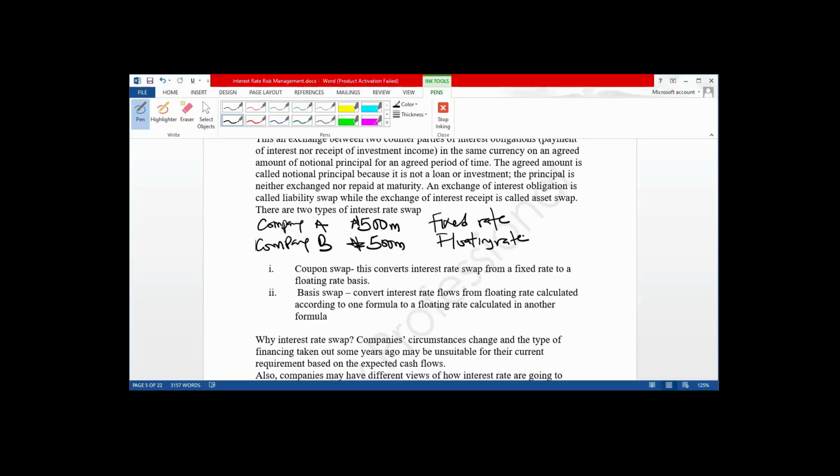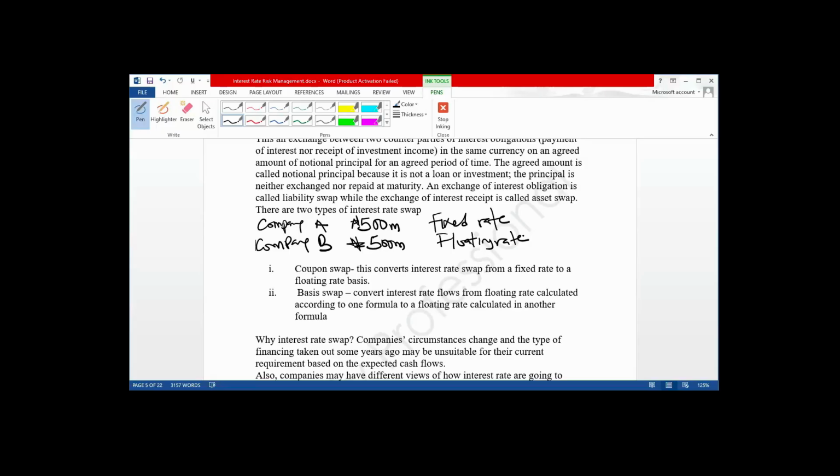The two companies approach you. You can bring the two companies together under interest rate swap.